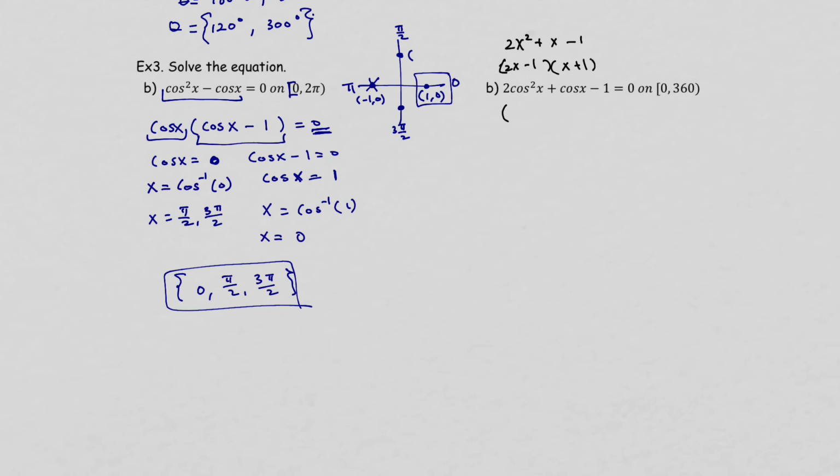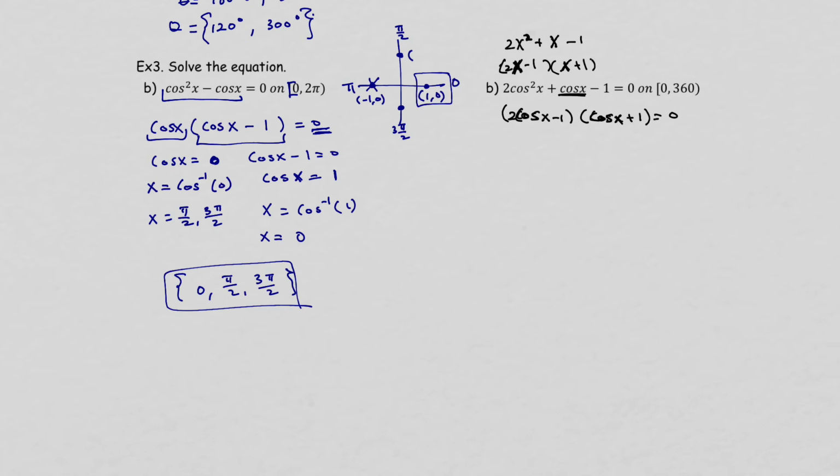You end up getting 2 cosine x minus 1 and cosine x plus 1. When you're factoring a quadratic into linear factors, this x comes from the middle term, right? So this middle term is what you use for the factoring on both factors. That's how you're going to factor these problems.